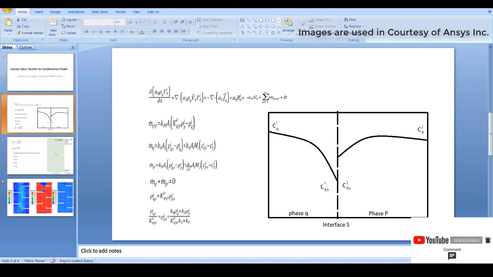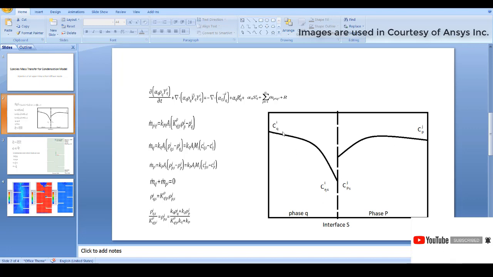K_p is the volumetric constant on the other side, A_i is the interfacial area, M_w is the molecular weight, and these are the concentrations. Mass concentration can be written as molecular weight times the normal concentration. The net mass transfer at the interface should be equal to 0. It means the amount of mass transferring from the liquid should enter the gas, or the other way around.